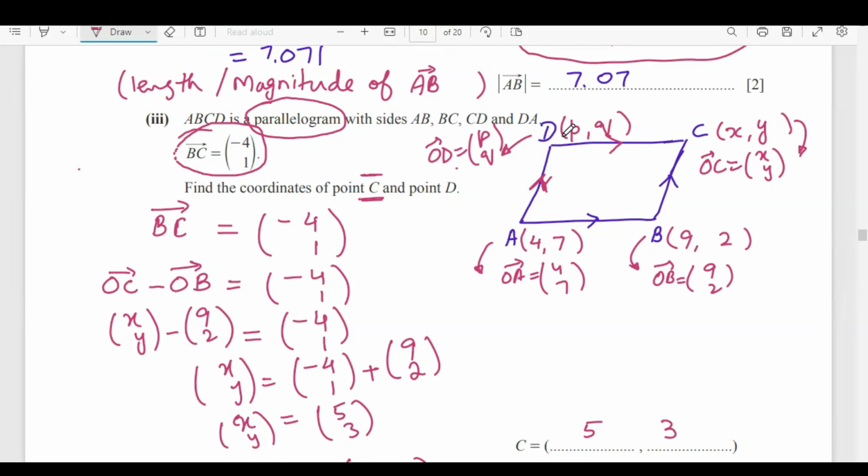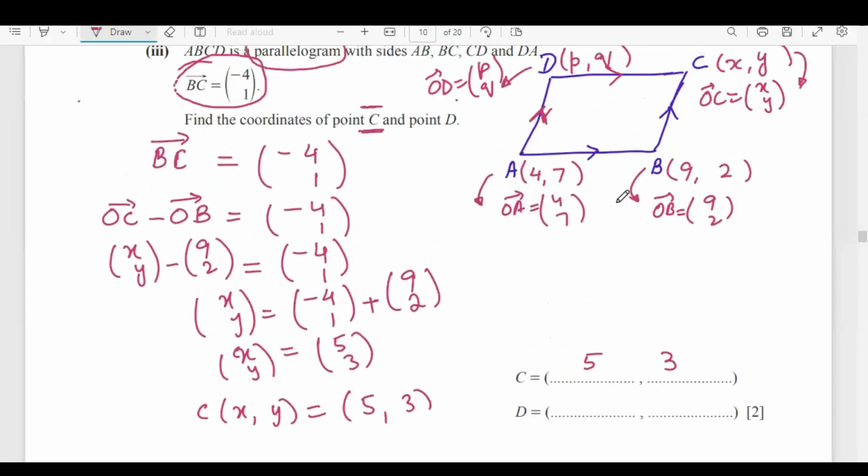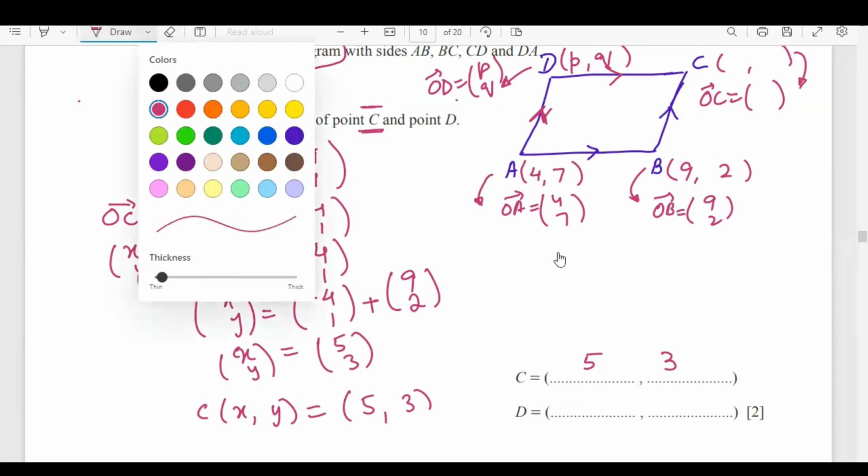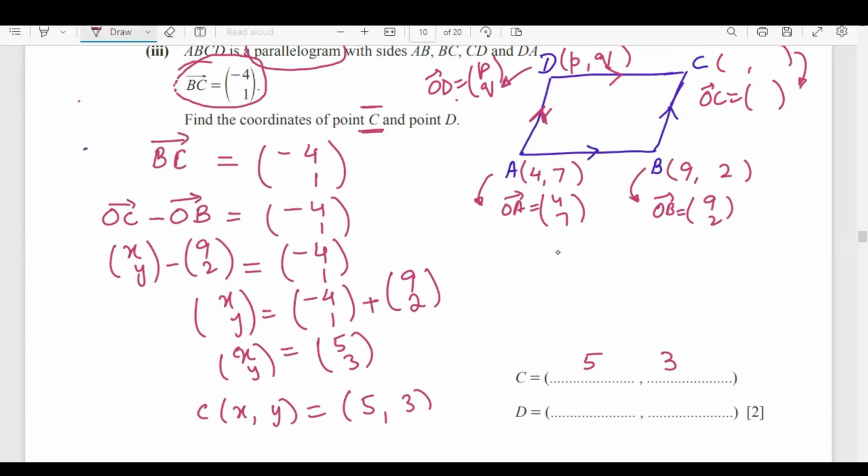You have to convert a coordinate into a vector by putting O with the letter. For X, Y, X was 5 and Y was 3. So 5, 3 are the coordinates of C, or the position vector of C is OC, which is 5, 3.